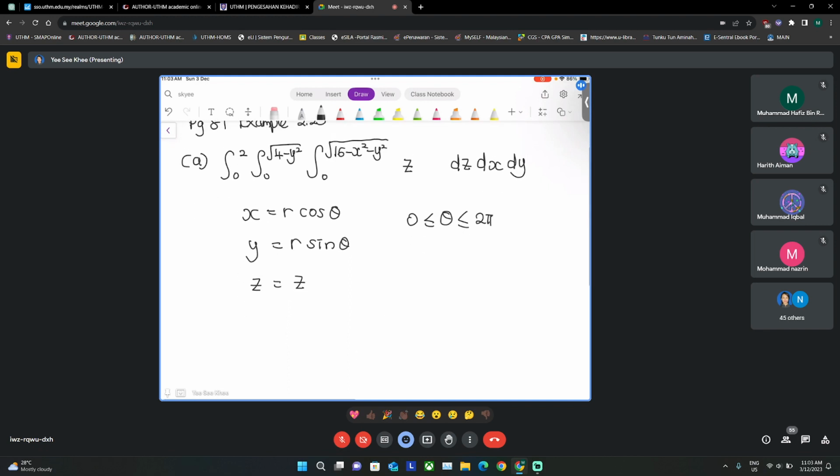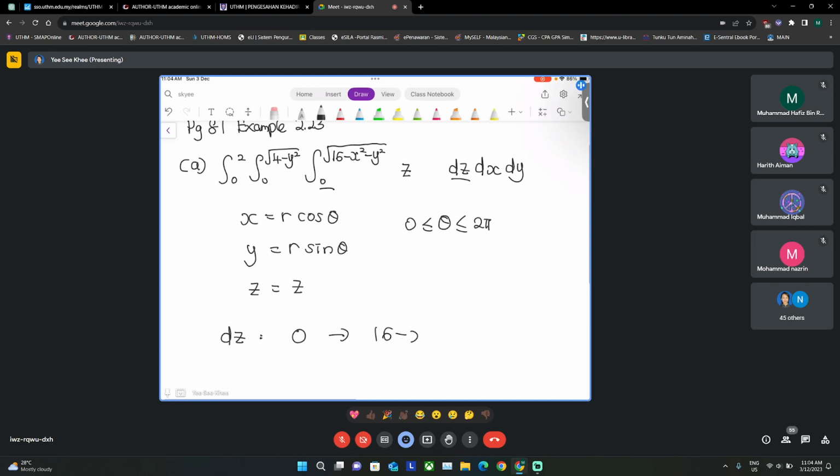Okay, so we start to convert it. First of all, we look at the dz interval. According to the interval, dz is from 0 until 16 minus x square minus y square.